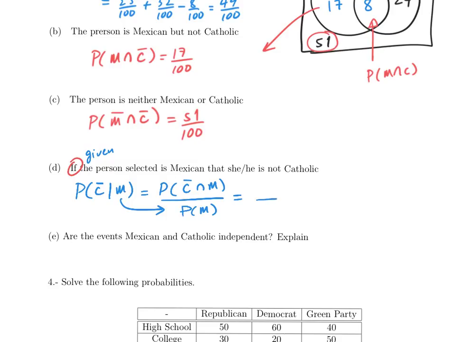So how many Mexican people do you have? 25. And how many people are Mexican but not Catholic? That's 17 over 100. Remember, that comes from here. Mexican and not Catholic, or not Catholic and Mexican. Then just simplify this. The 100s cancel, so this is 17 over 25.